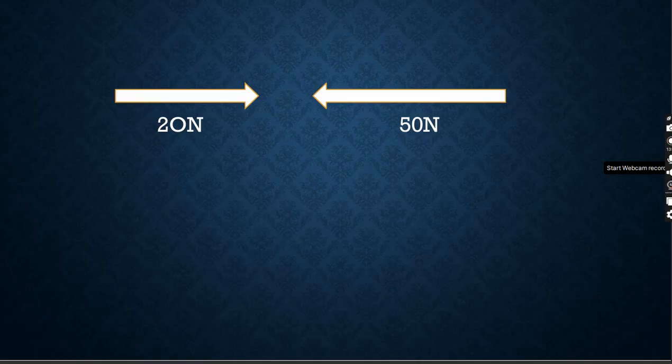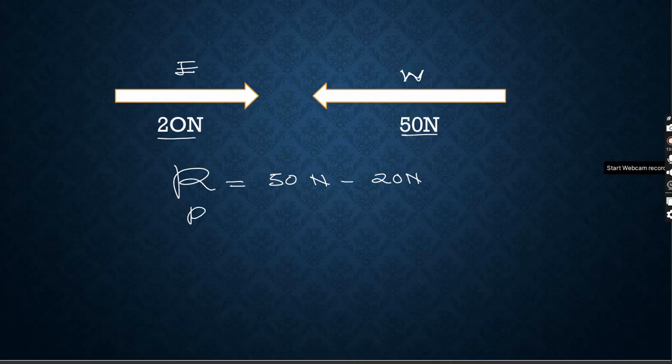Okay, let's talk now about these two vectors. This vector is moving east, this one is moving west. We know that this one is bigger and this one is smaller. So the resultant vector will move in the west direction, to follow the vector which is bigger, as usual. To find the resultant vector, we subtract, since they are moving in opposite directions. We say 50 Newton minus 20 Newton, so the resultant vector is going to be 30 Newton.